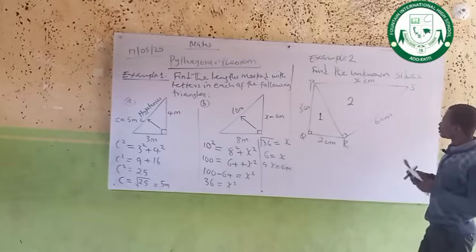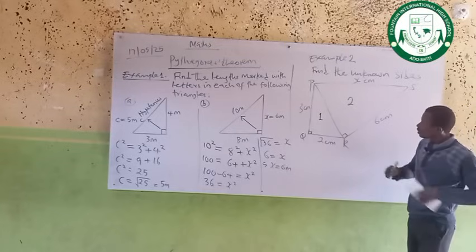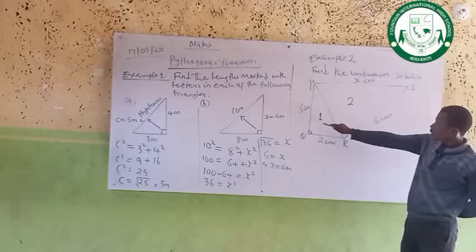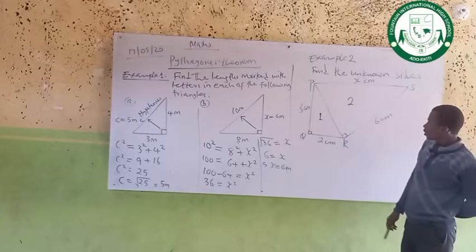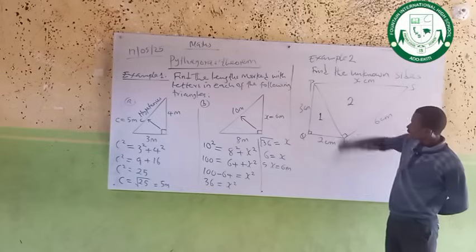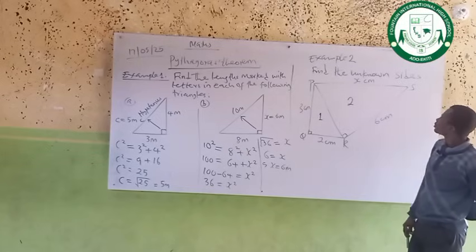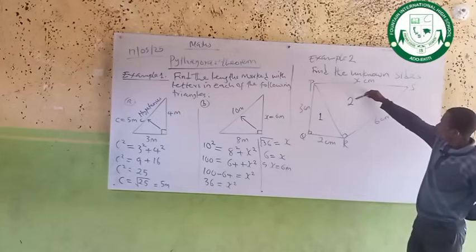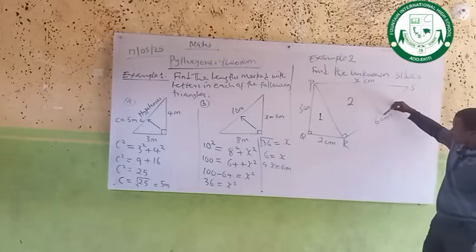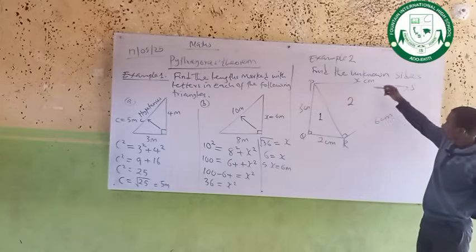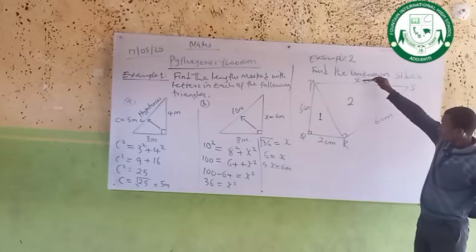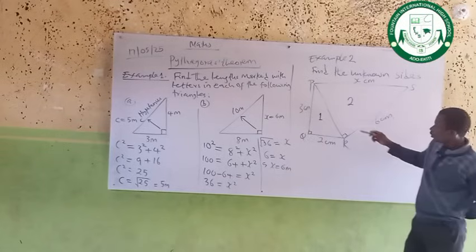And when you look at it, you will see that in the first triangle, that is triangle 1, there are two sides known, 3 centimeter and 2 centimeter. In triangle 2, we have 6 centimeter. The other two sides, we don't know. This one is x, this side we don't know.